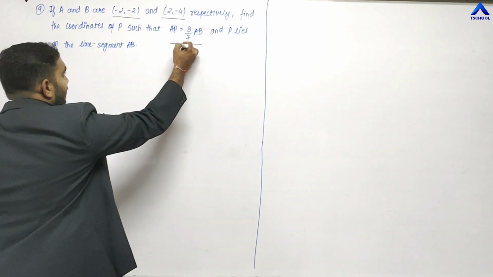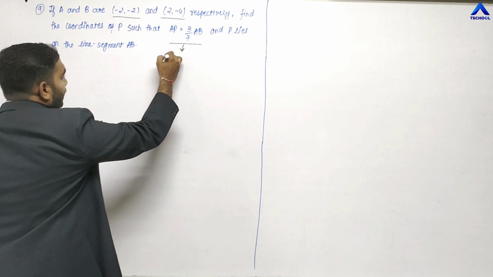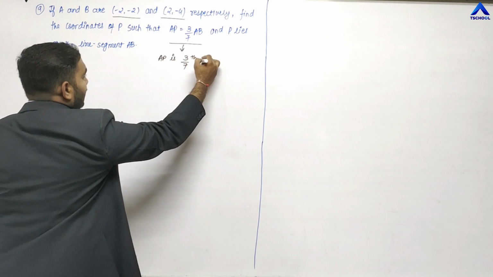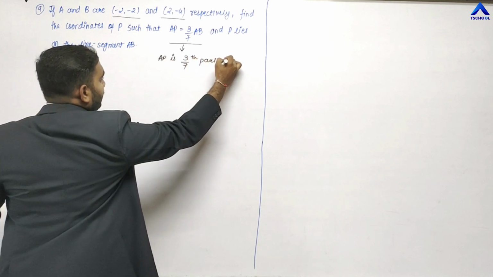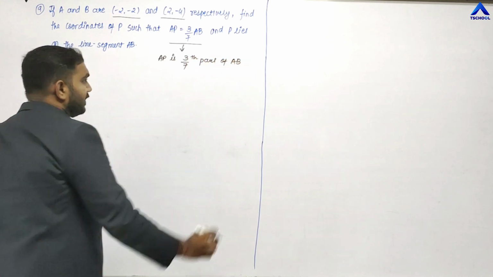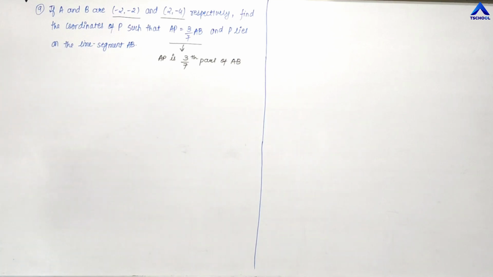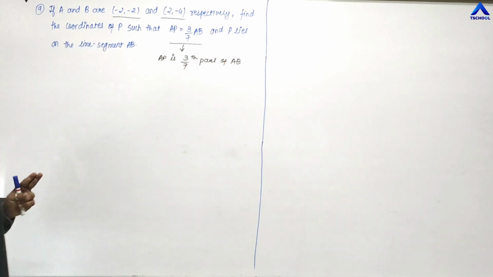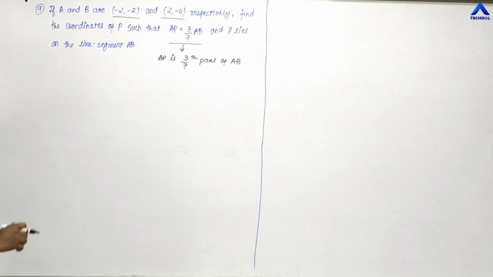Yes or no? That means AB will be greater than AP. You can simply say that AB will be 7 parts and AP is 3 parts of the total AB.